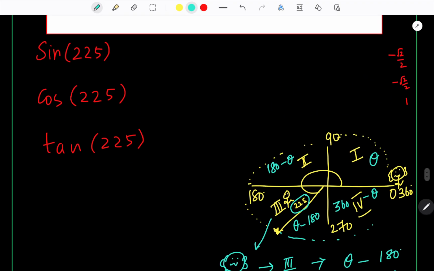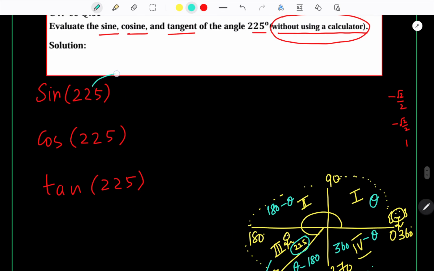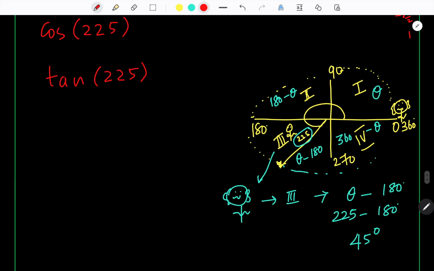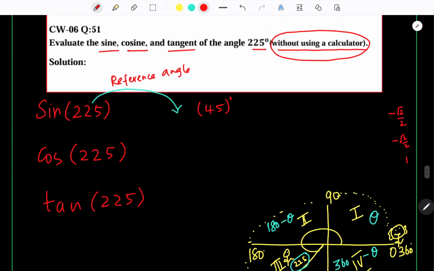Okay. So what is the meaning of that? This 225, using the idea of reference angle, has become 45. Understand? So 225 has become what? 45. And this 225 becomes 45 degree.